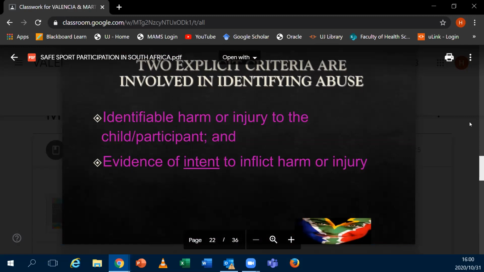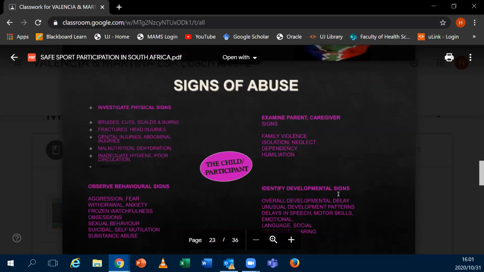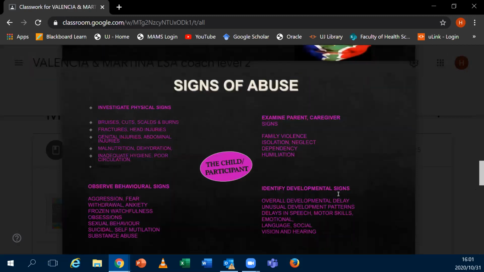It might be my best mate who's the coach, or whatever the case is. You have to do something. And it's a very, very tricky thing to do. But if you don't take a stand, then it just means that abuse is going to carry on. It's going to be more widespread, and it just becomes a bigger and bigger issue. So if kids have come to you and have told you, you have to be able to do something about it.